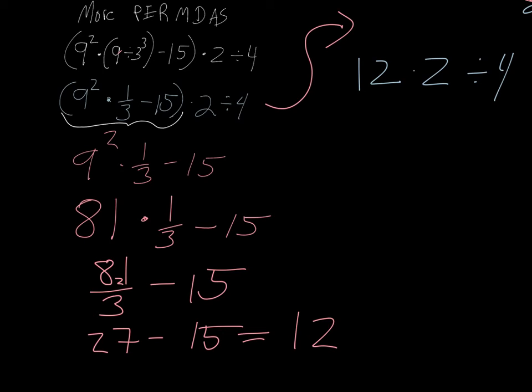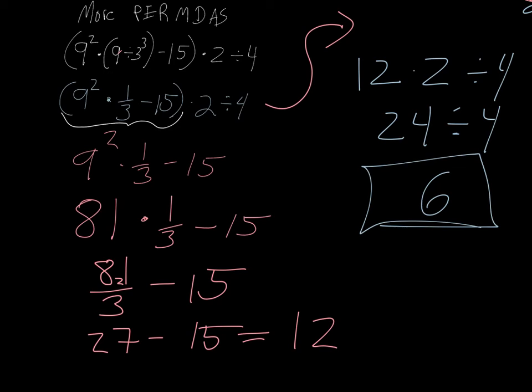There is no addition and subtraction. So I look over here, I have 12 times 2 is 24, and then that's going to be divided by 4. 24 divided by 4 is 6. And there's my final answer. A long way to get to the answer.